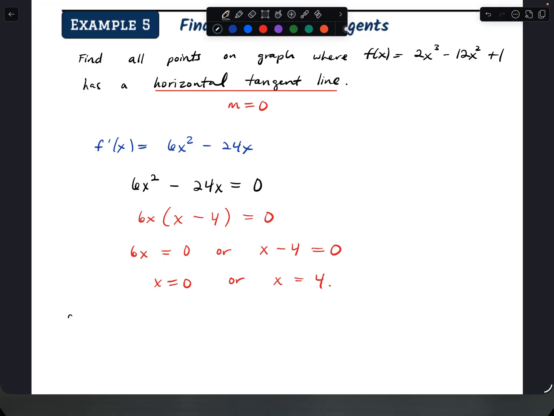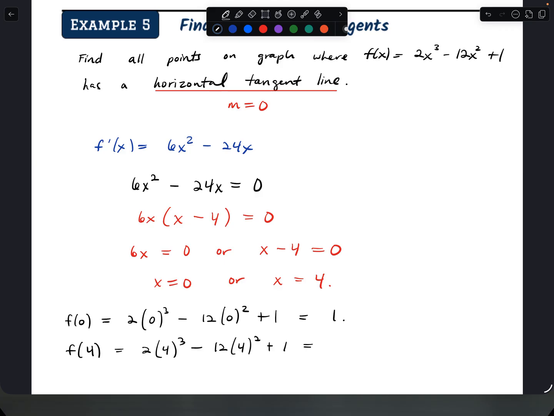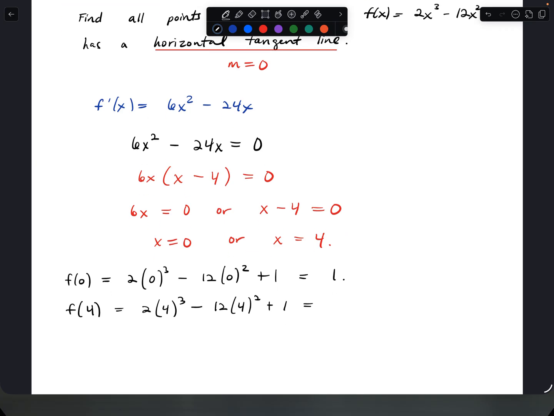So f of 0 is going to be 2 times 0 cubed minus 12 times 0 squared plus 1, and that's just 1. f of 4 is going to be 2 times 4 cubed minus 12 times 4 squared plus 1. 4 cubed is 64, times 2 is 128. 4 squared is 16. 16 times 12 is negative 192 plus 1.